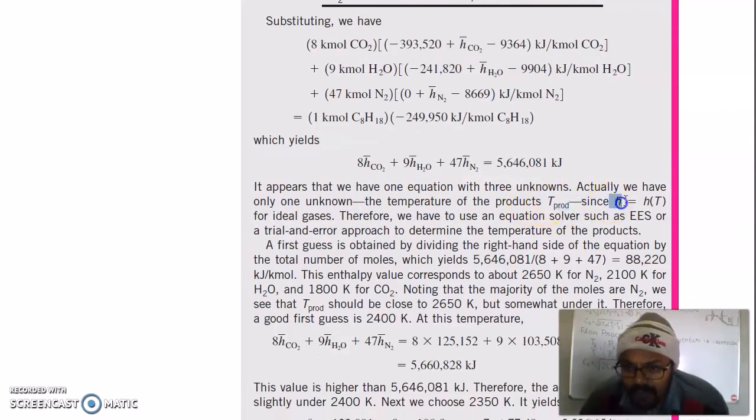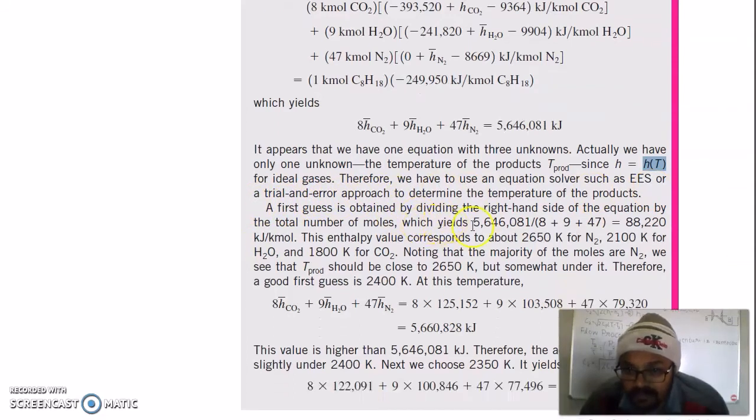As we know, enthalpy is dependent on temperature for ideal gases, therefore we have to use an equation solver such as EES or a trial and error approach. In the products, most is nitrogen, 47 moles, so you can assume only nitrogen here.